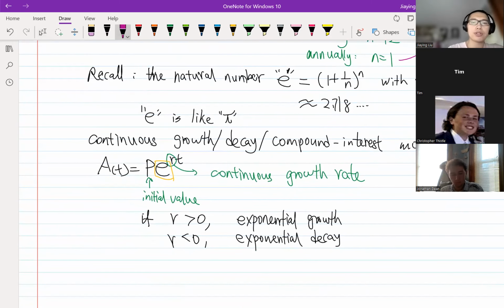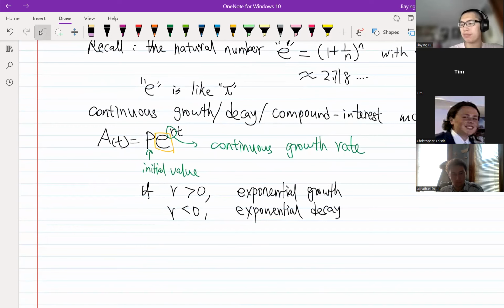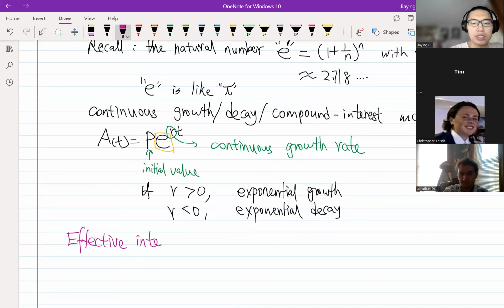Now, one last thing I want to talk about before I jump into some examples is effective interest rate. Now, effective interest rate usually happens when we have compounded interest models. What happens with a compounded interest model is, let's say it's compounded monthly.